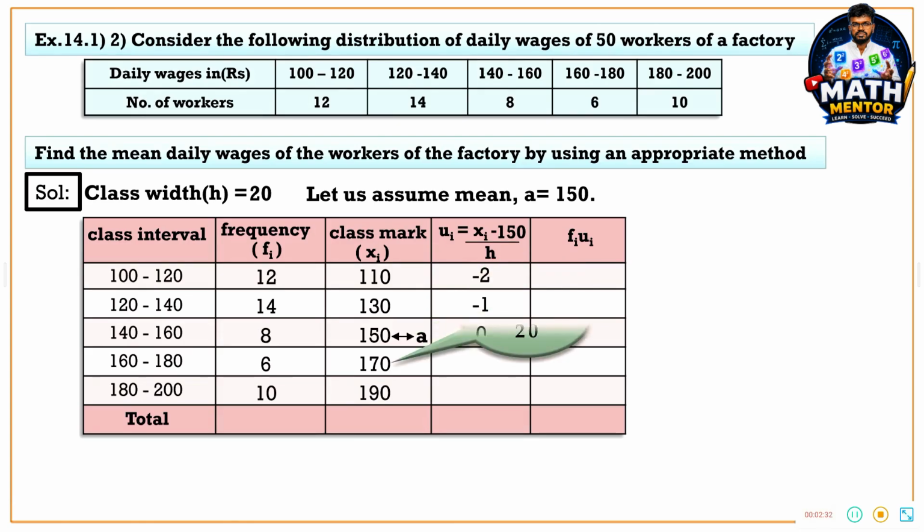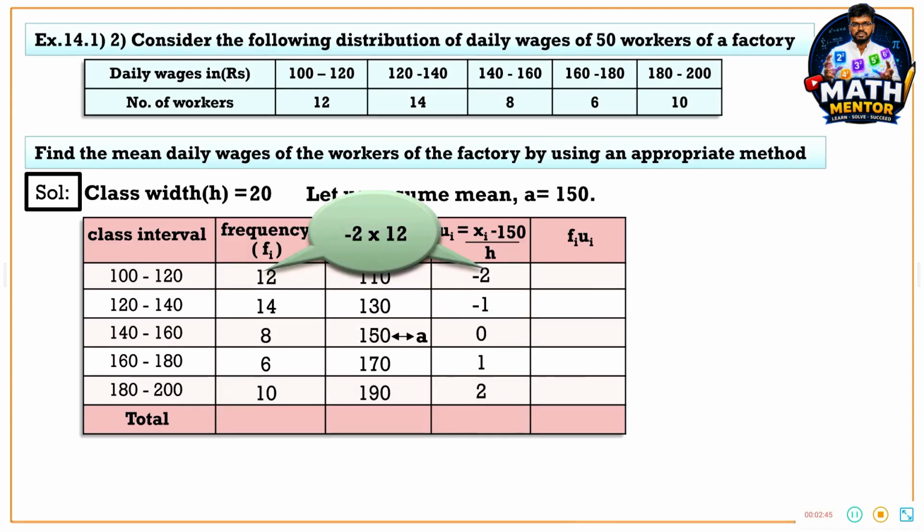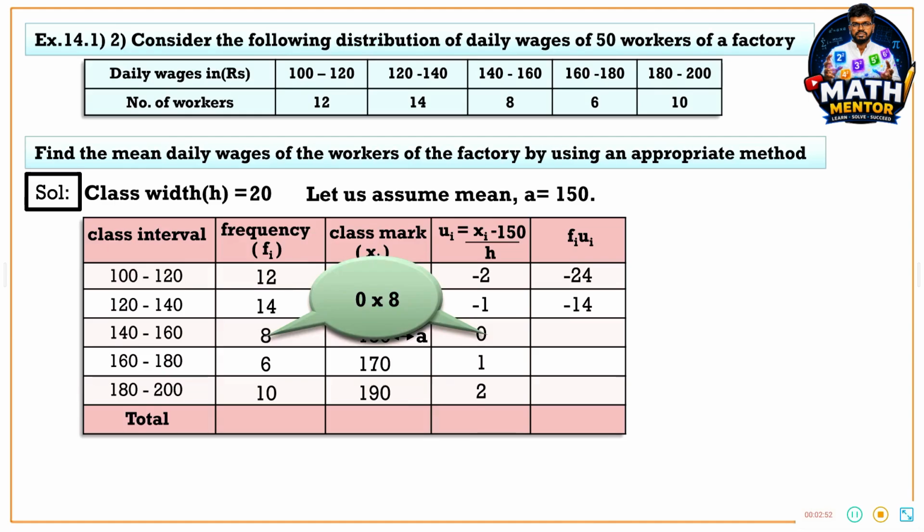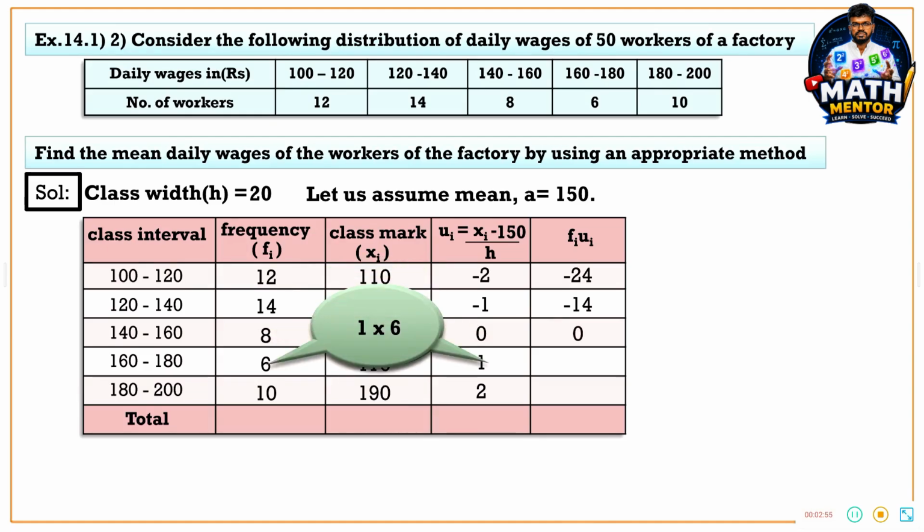Then 170 minus 150 by 20, 20 by 20 is 1. 190 minus 150 by 20, 40 by 20 is 2. Now we will multiply fi and ui: 12 minus 2's are minus 24, 14 minus 1's are minus 14, 8 zeros are 0, 6 ones are 6, 10 twos are 20.